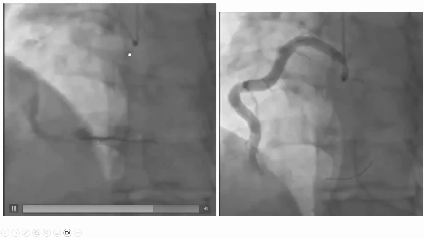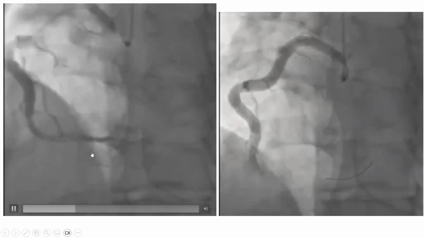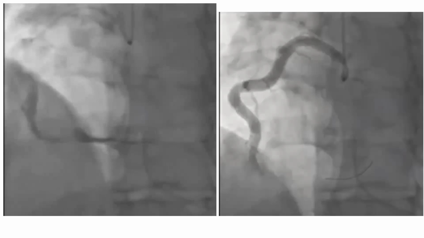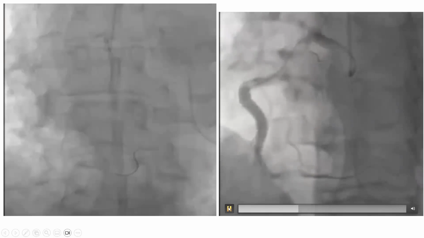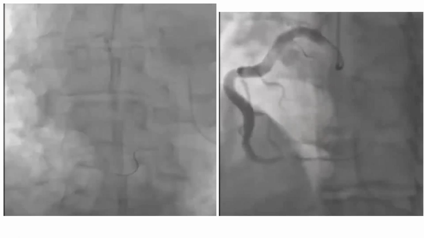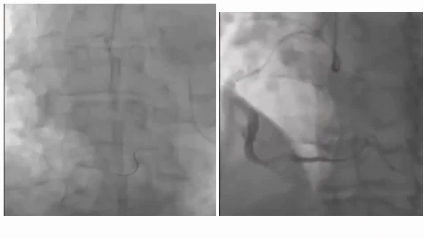So here what was done, after wiring and ballooning, you can see that there is heavy thrombus burden. What should be done in this case? Penumbra would not do anything, I think, in such heavy thrombus. I would follow the steps I indicated before.